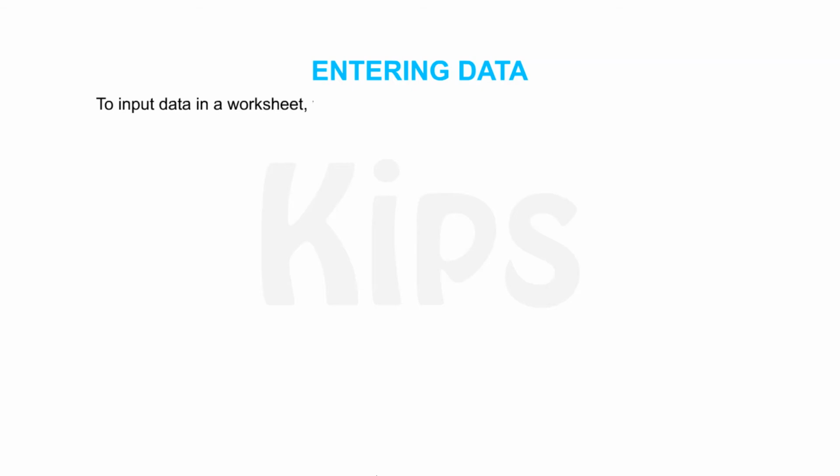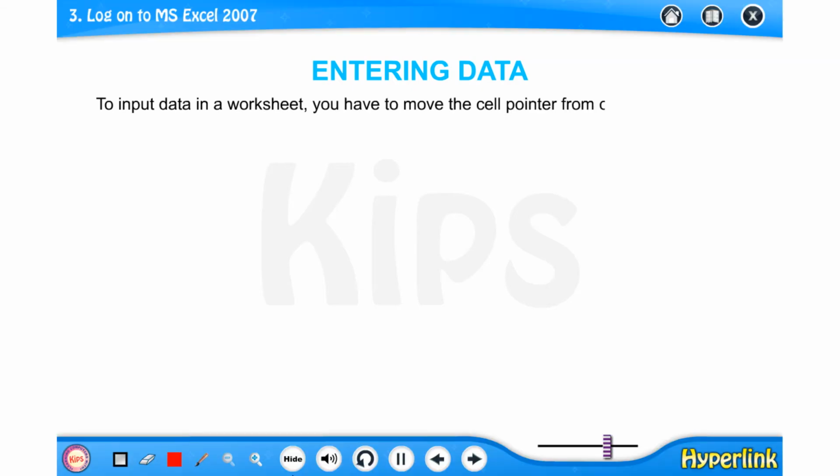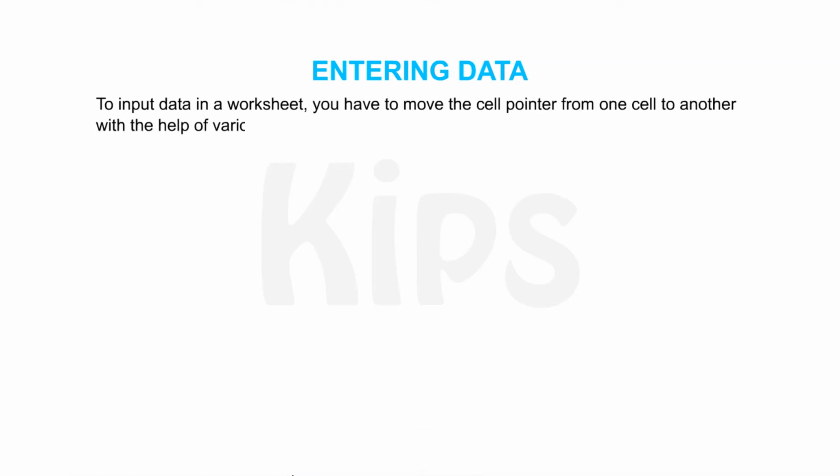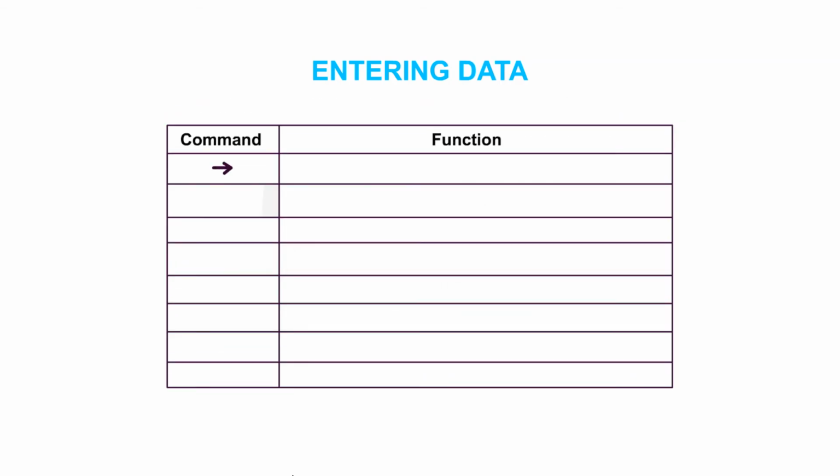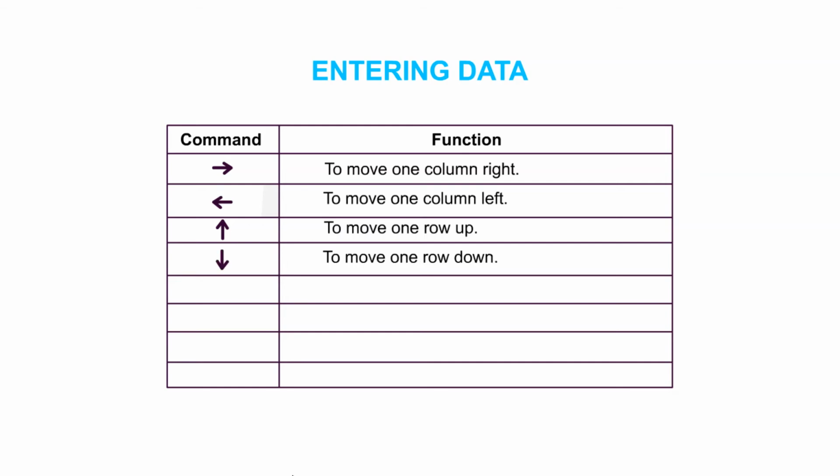Students, now let me tell you about entering data. To input data in a worksheet, you have to move the cell pointer from one cell to another with the help of various keys defined here. Right arrow, to move one column right. Left arrow, to move one column left. Up arrow, to move one row up. Down arrow, to move one row down.